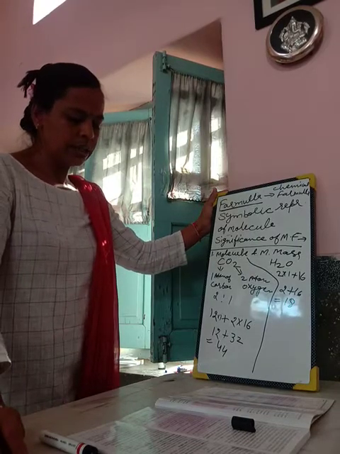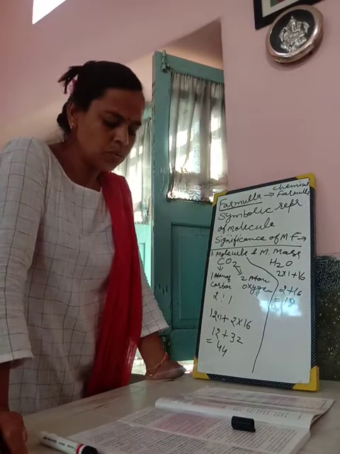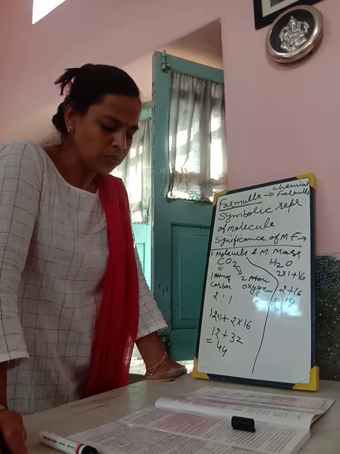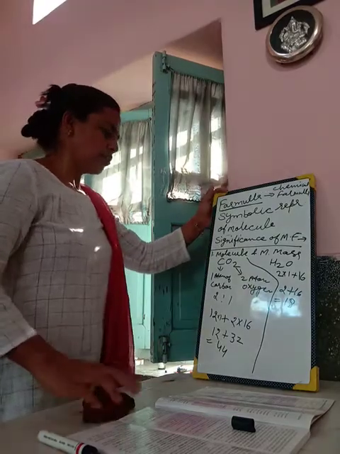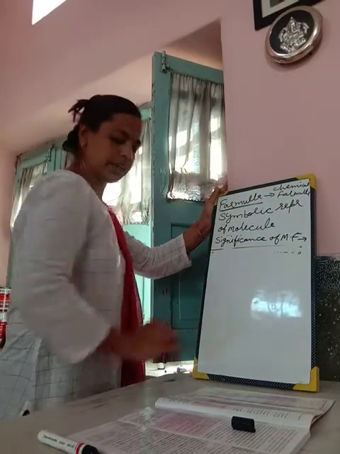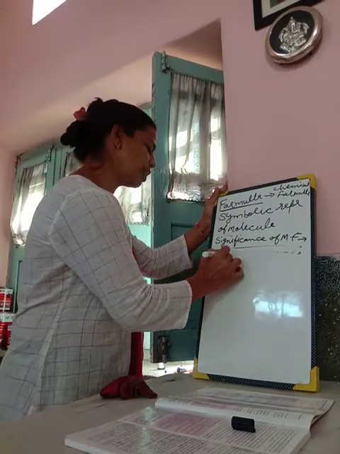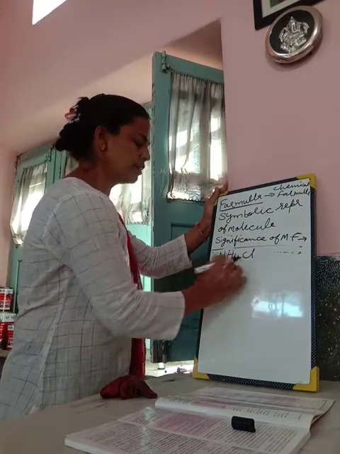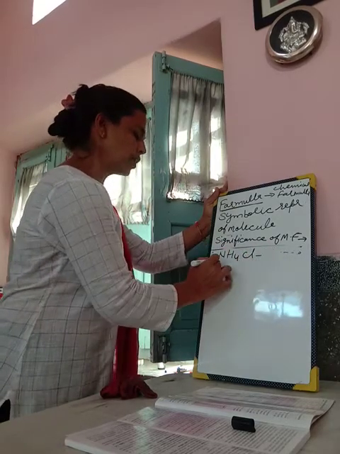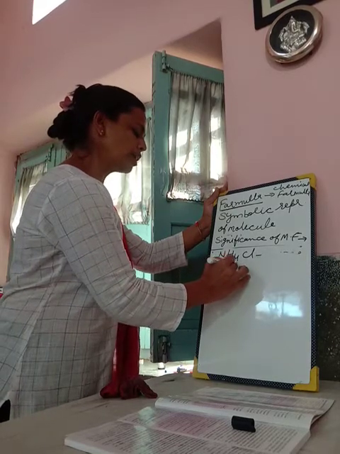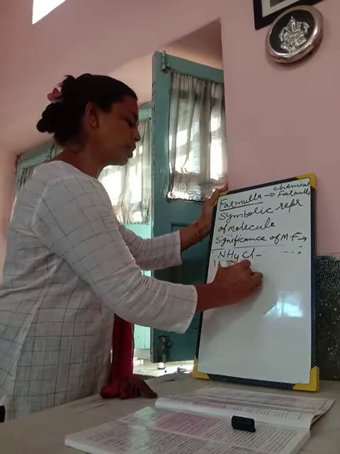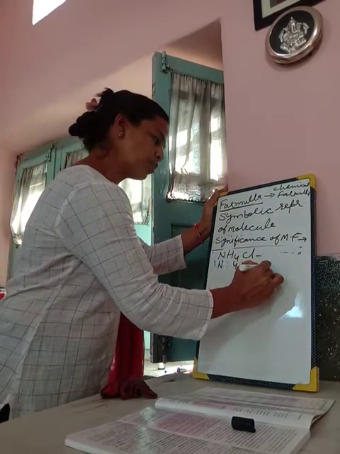Now, the respective number of different atoms present in one molecule of a compound. To explain this, take the example of ammonium chloride, NH4Cl. This molecule has 1 atom of nitrogen, 4 atoms of hydrogen, and 1 atom of chlorine.